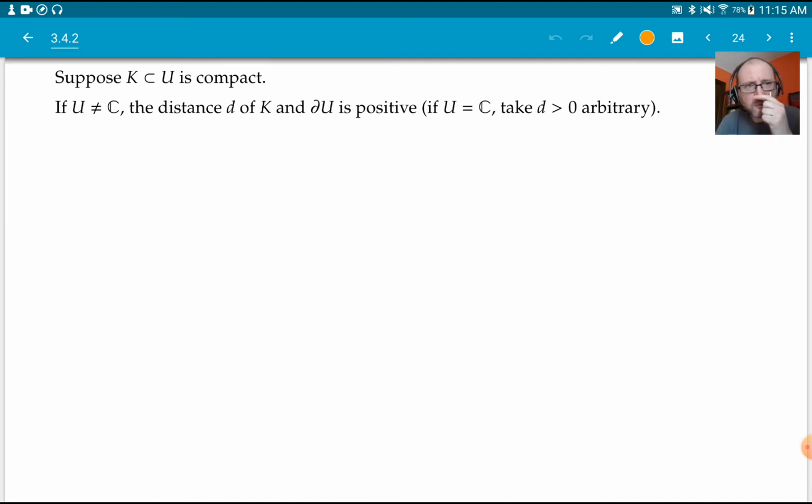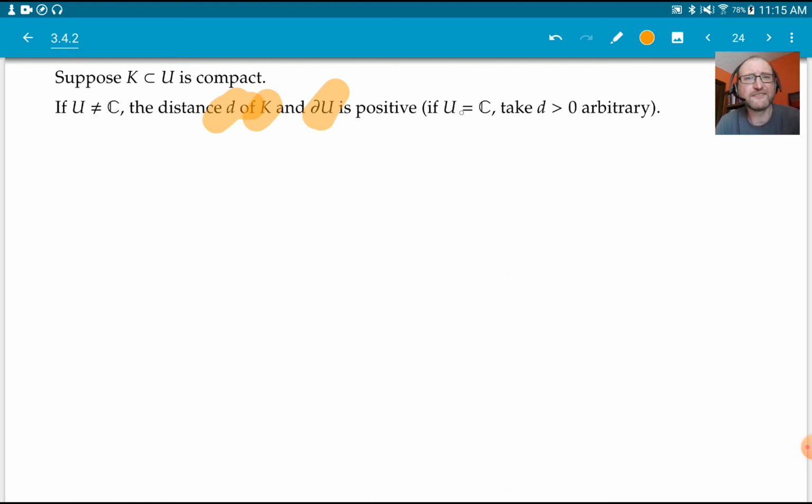And it's not going to be so trivial, because we have to actually get another compact set. So basically, let d be the distance of K to the boundary. Well, K is compact, so this is some positive number.